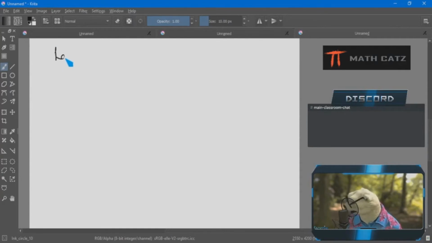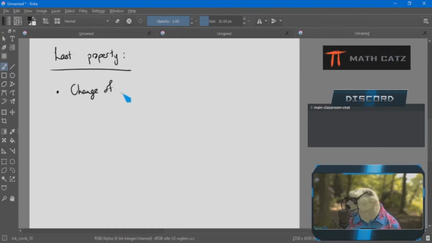Okay, last property. So if you look back, there are 6 of them, 6 properties, with different degrees of importance. Some are crucial, some are optional. Here's the other property, the last one. I'll give it a name actually, because it has a name. It's the change of base property.